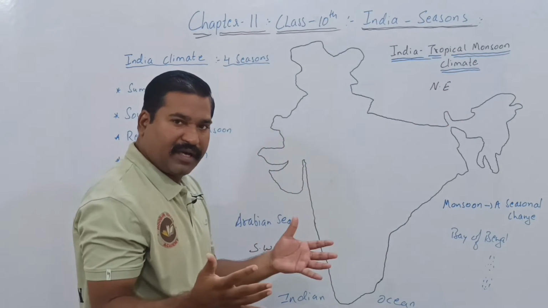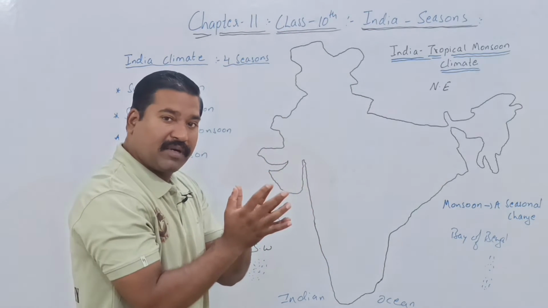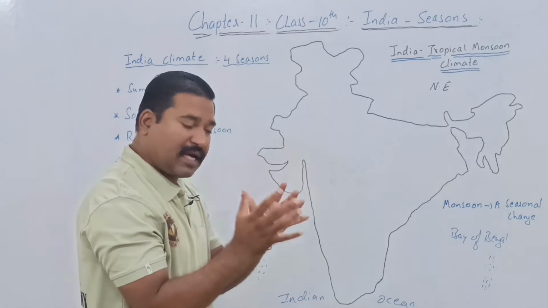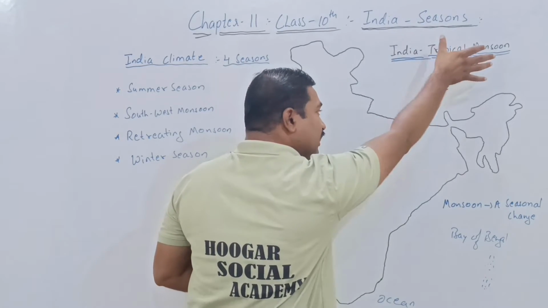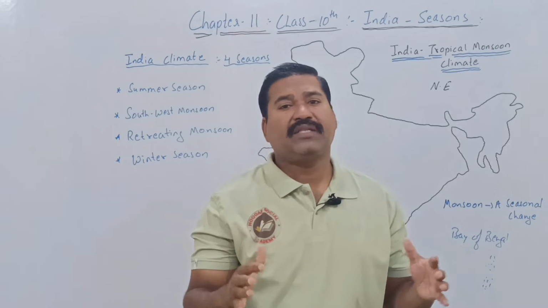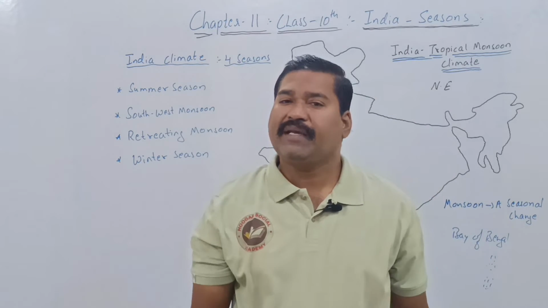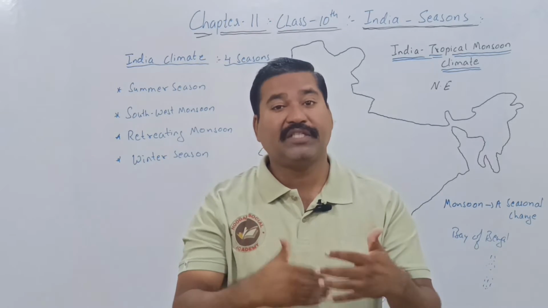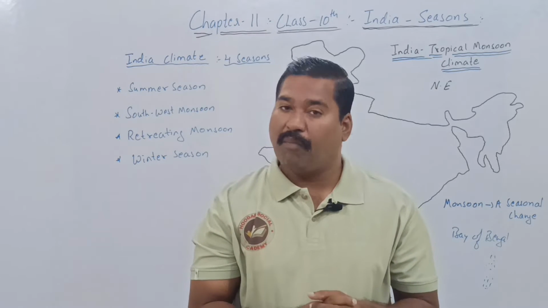Out of 12 months, for about 6 months winds move from southwest to northeast and again in return from northeast to southwest. In this way there is a flow of the wind. These winds play a very important role in bringing our monsoons.